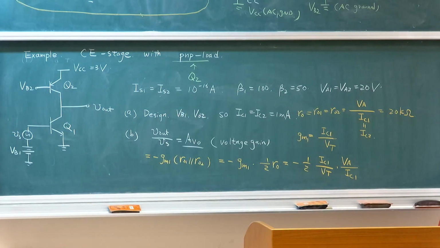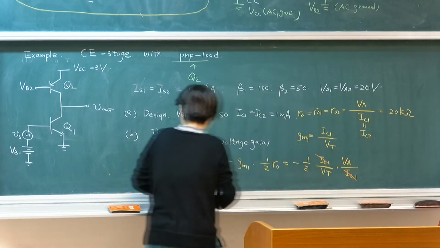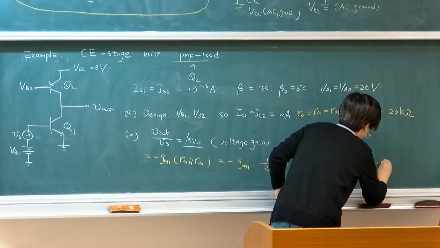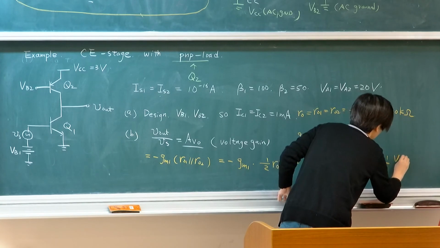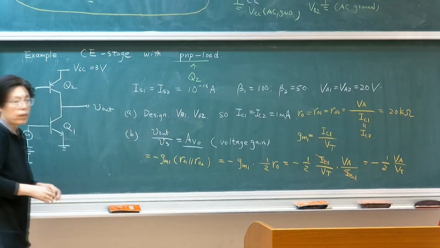The reason why I'm keeping this instead of inserting the number is because the current cancels itself. So then you get a constant ratio of minus VA divided by VT. That would be the overall gain.